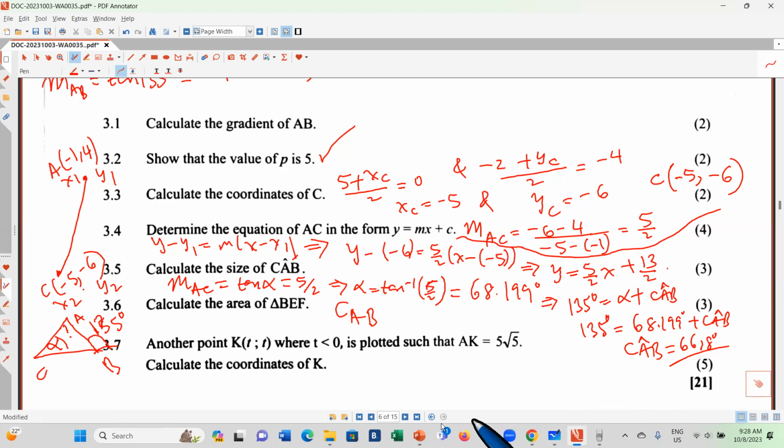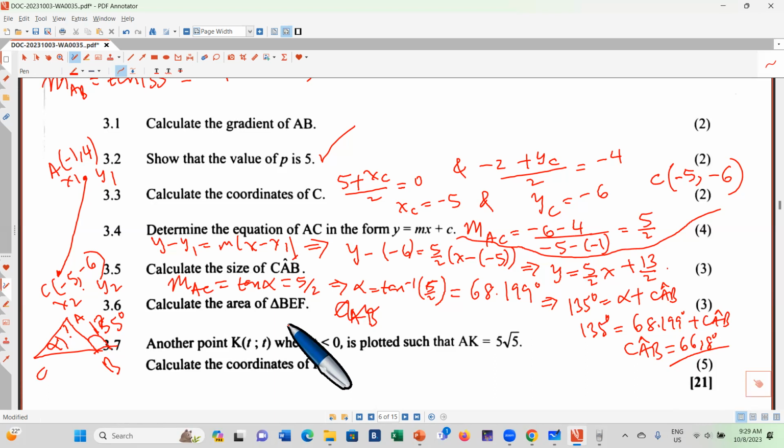So that is the angle they wanted. Therefore, we have this result, which is exactly this one here. Next, we want to find the area of the triangle BEF.